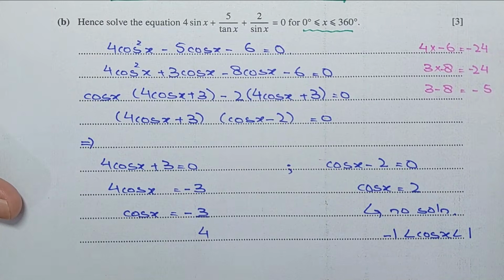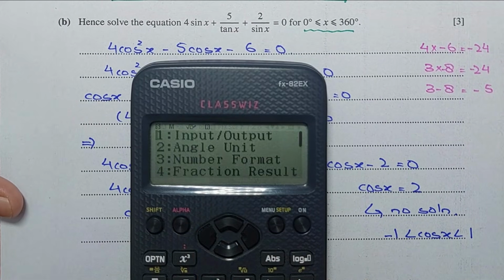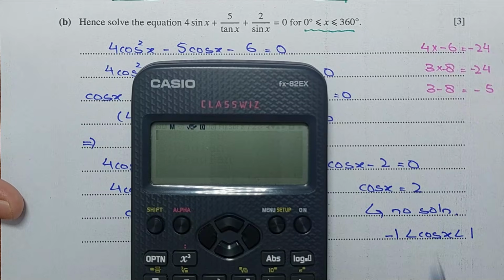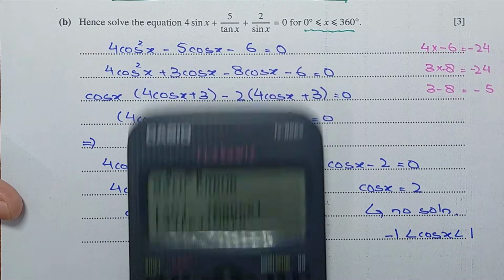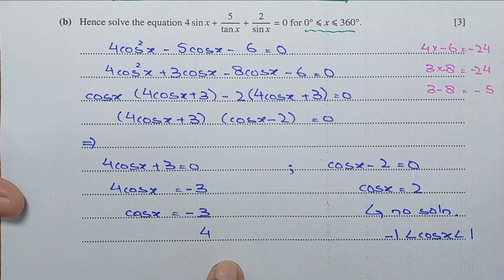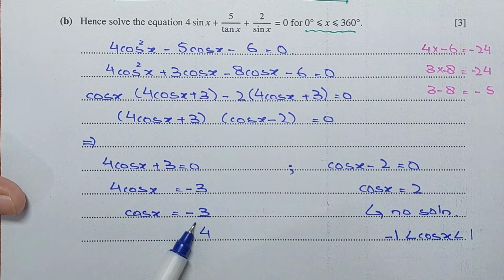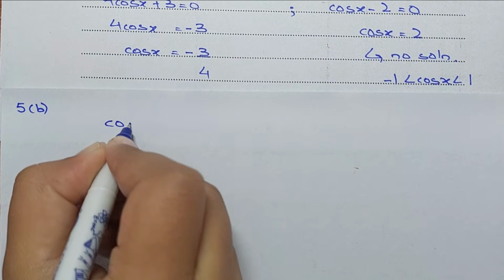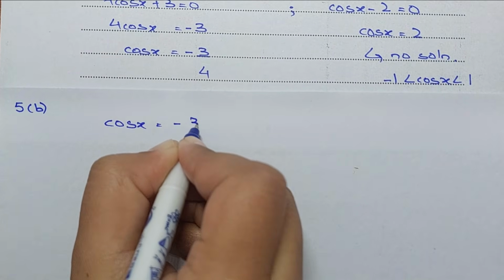Or you can also double check. This is in radians. Let me convert it into degree mode, because we have been given the x range in degrees. So cos inverse of 2, no solution, right? So we will get solutions only from this case, and this equation says cos is negative. So the equation we have is cos x is equals to negative 3 by 4.